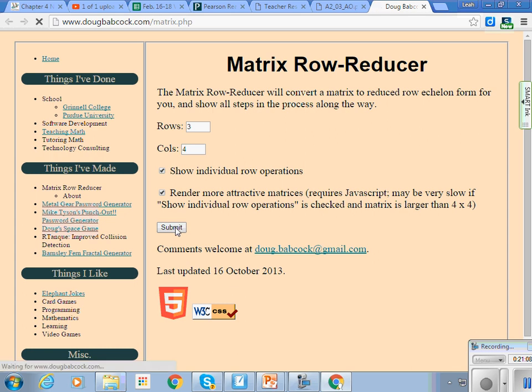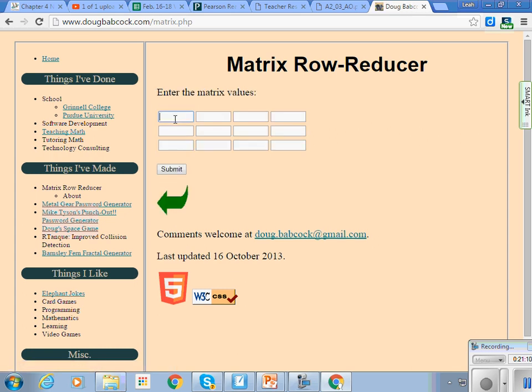And we click submit. Then we enter our values into the little matrix it creates for us. So that's 1, 2, 0, 4, -2, -8, 6, 1, 1, and 21, 4, -1.